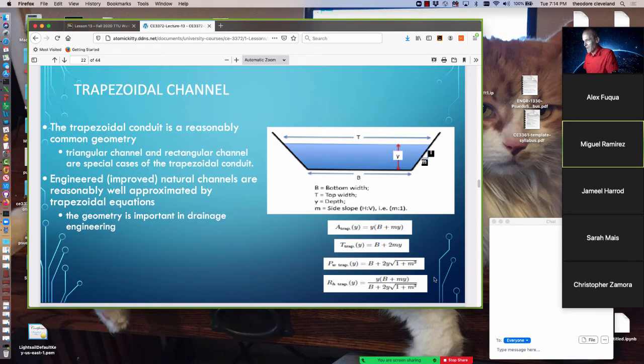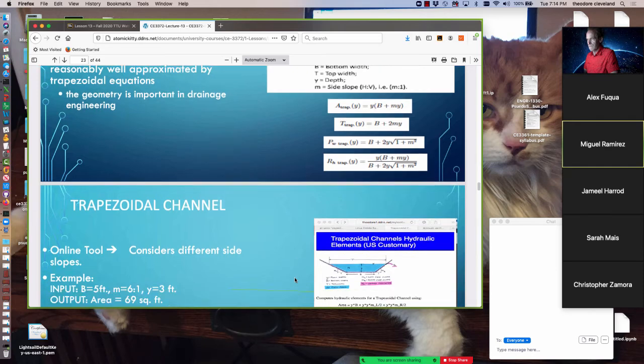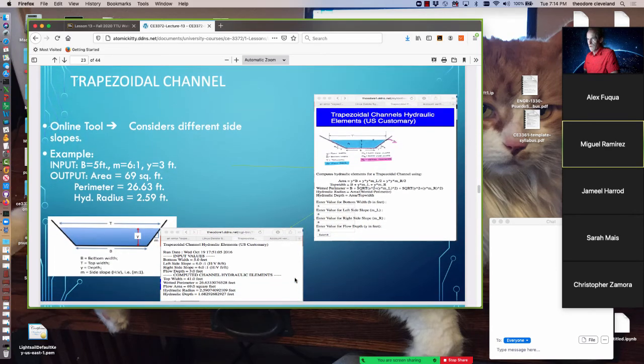I would argue that you can't really make it that much simpler, and you don't have to, because as a practical matter, we would simply evaluate the numerator and the denominator, compute the ratio, and use that as the hydraulic radius. So we can do that on our hand calculator, or we can code it up into a spreadsheet. In the case of this particular one, there's also an online tool, and let's go take a visit of that.